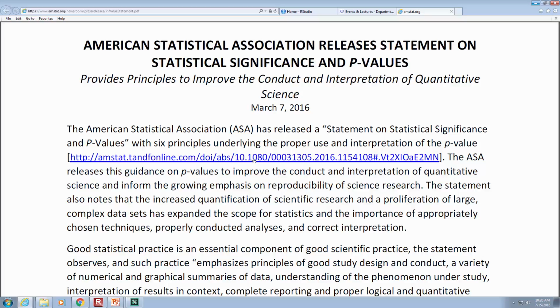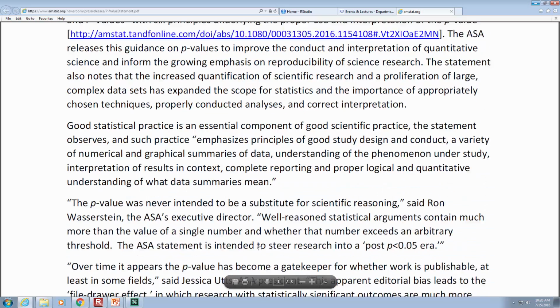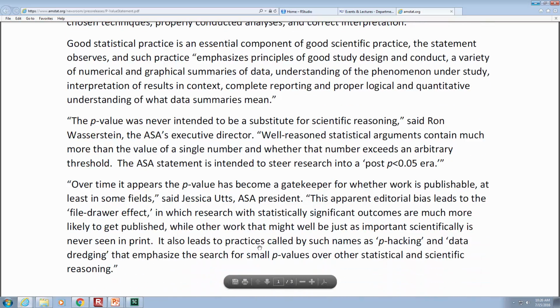But you have the link here to the actual publication by the American Statistical Association, and they talk about how the p-value was never intended to be a substitute for scientific reasoning. Well-reasoned statistical arguments contain much more than the value of a single number and whether that number exceeds an arbitrary threshold.